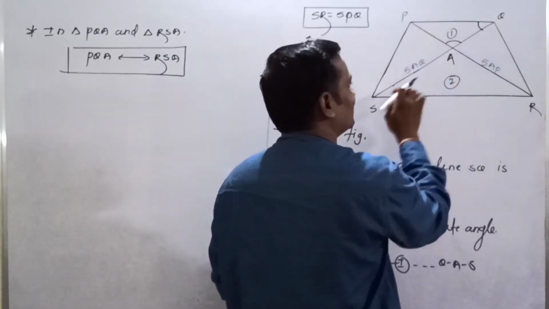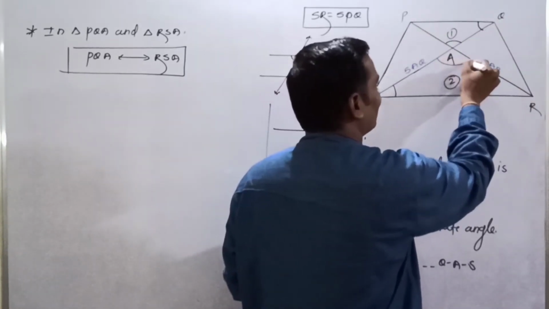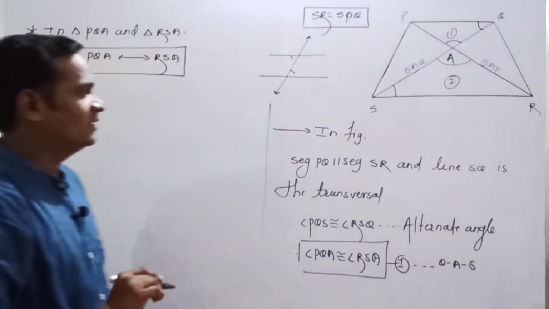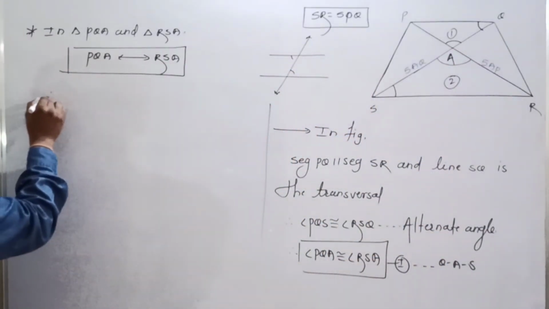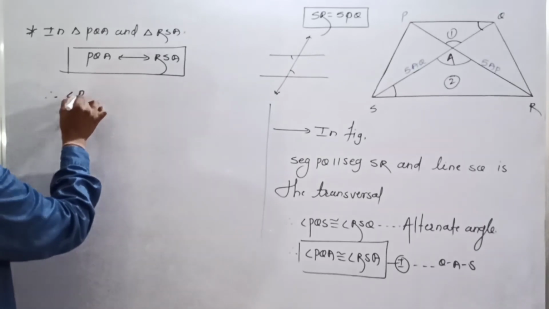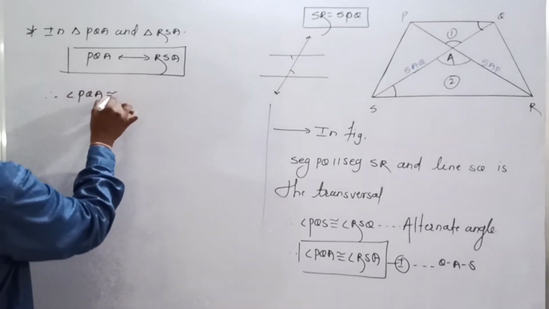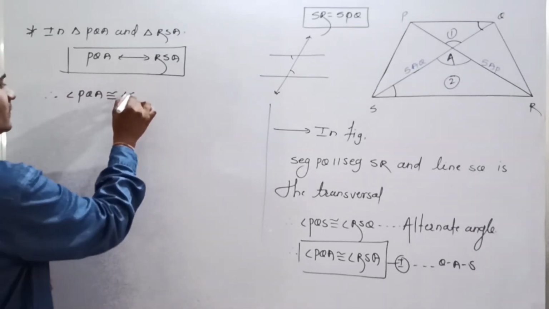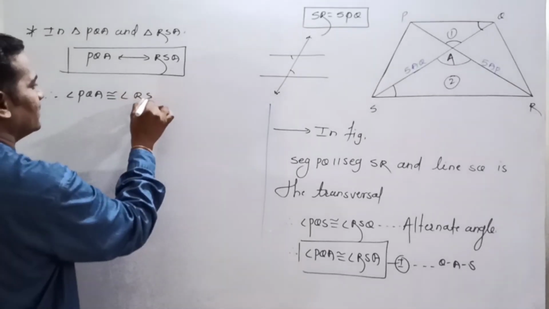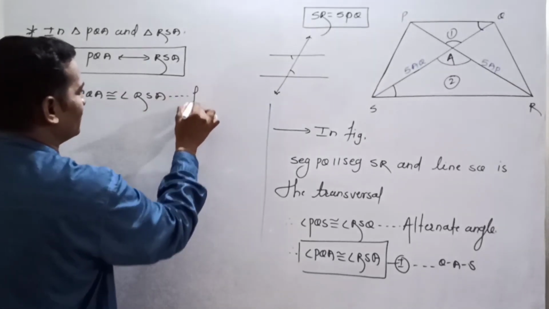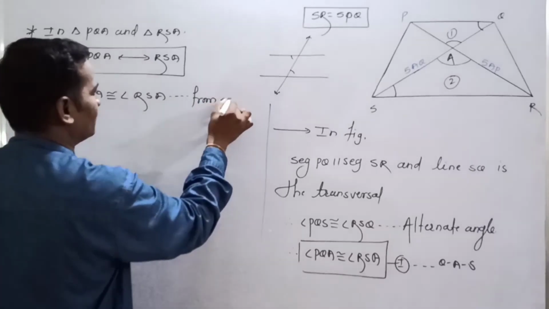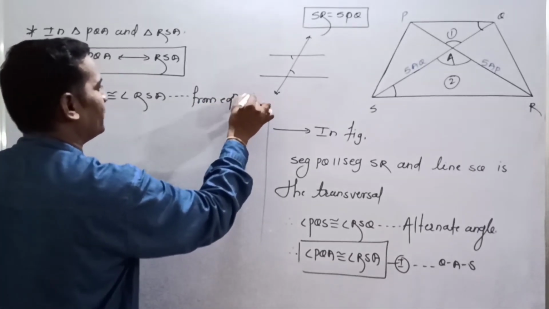QAP and SAR. These two angles are vertically opposite angles. So therefore angle PQA is congruent to angle RSA, and just write down from equation first.